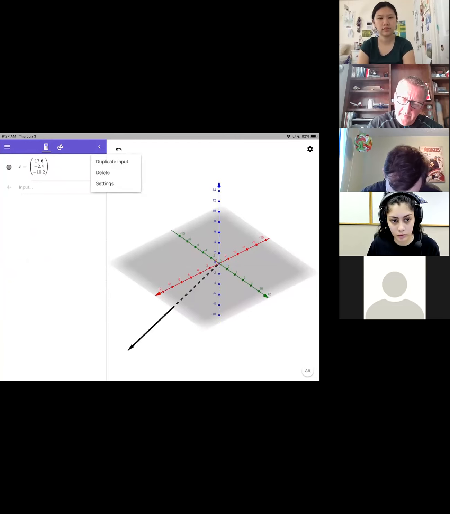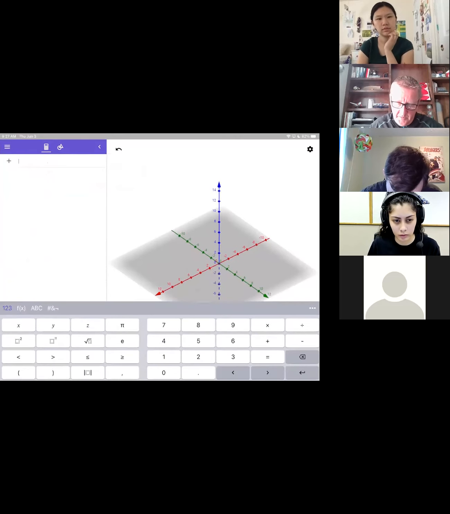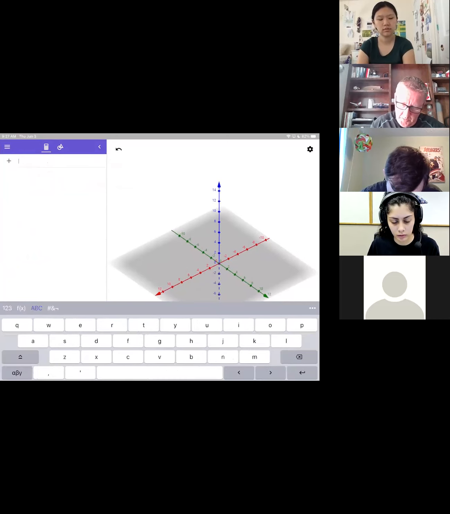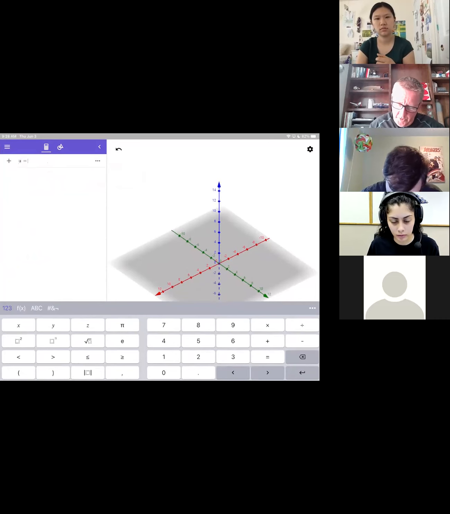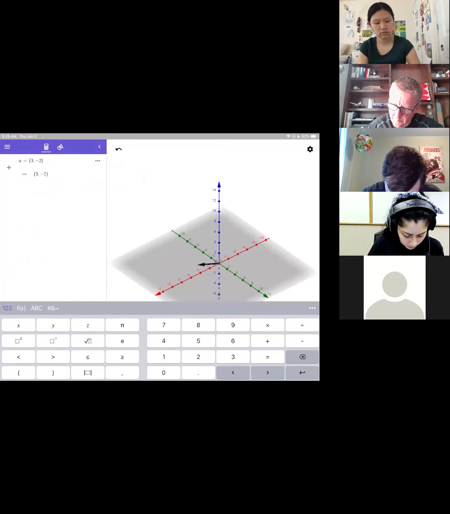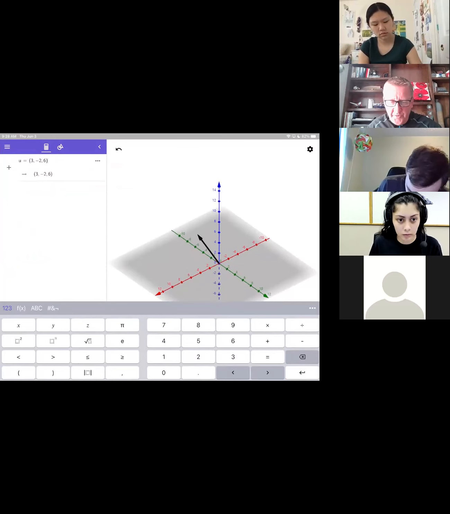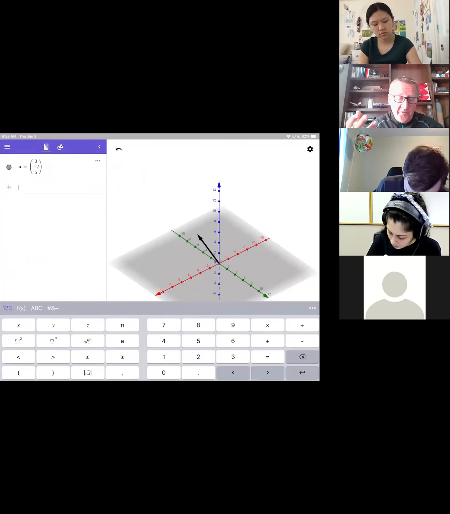In other words, I'm not going to draw them head to tail, I'm just going to draw them. So U is this vector. U is 3, -2, 6. That one would naturally, as the radius, be emanating from 0, but the other one isn't as natural.